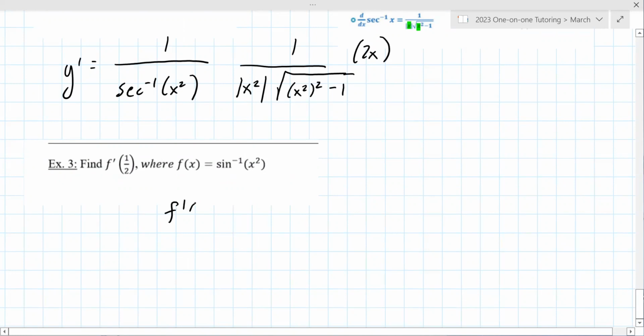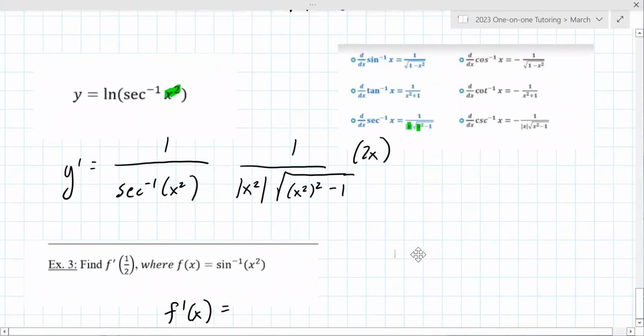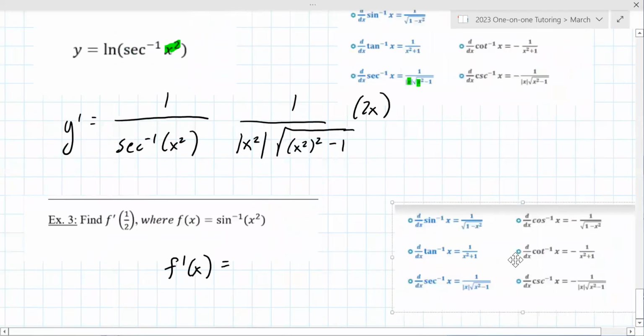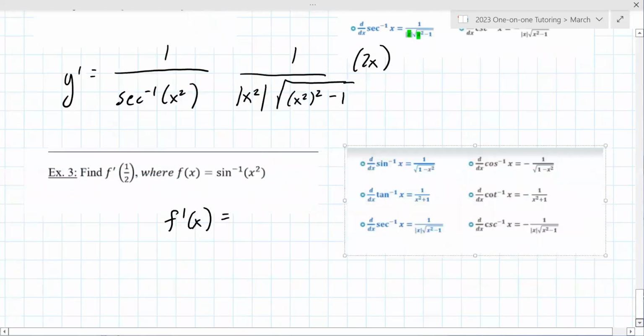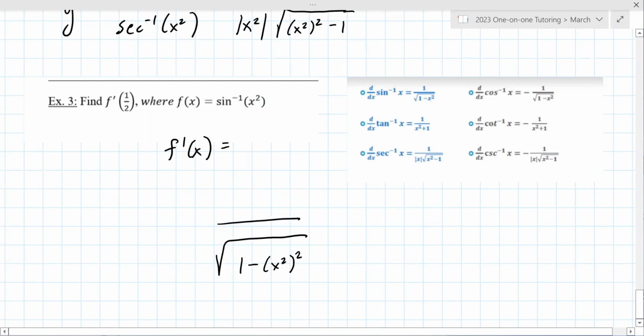So we've got to take a derivative here. It always helps to have these handy. Let me snip these down again so you've got them. Looking at this, the derivative with sine inverse is 1 over the square root of 1 minus x squared.